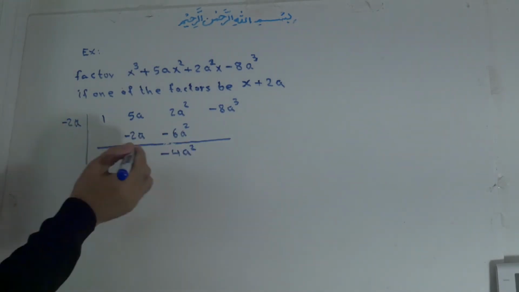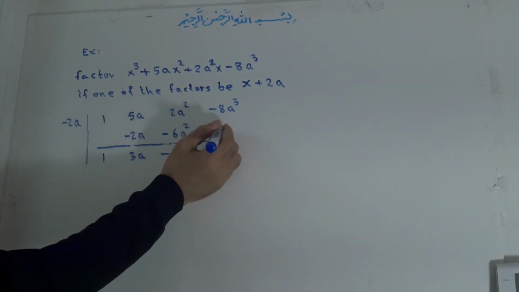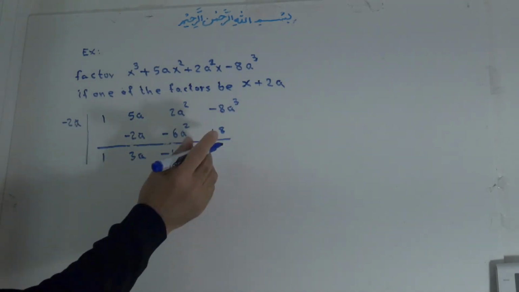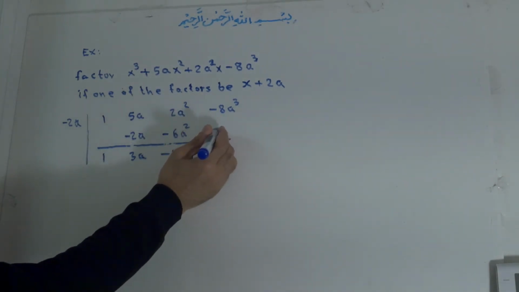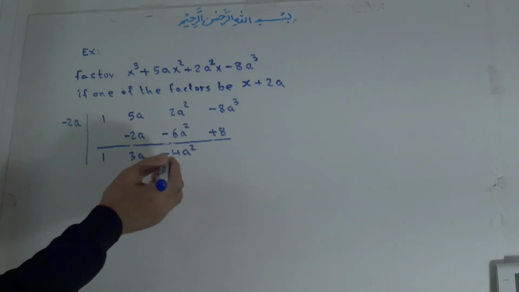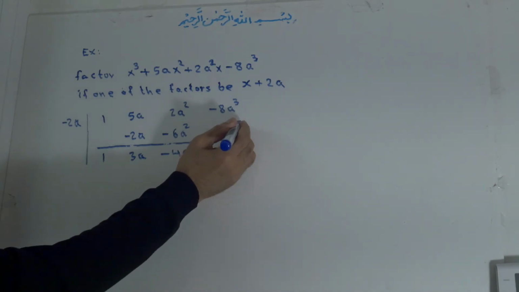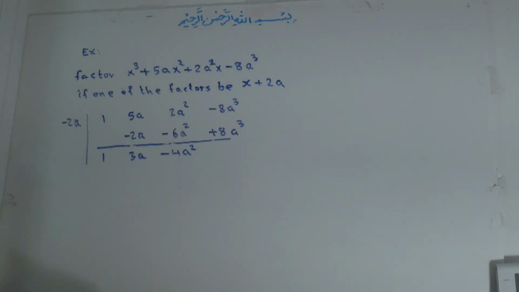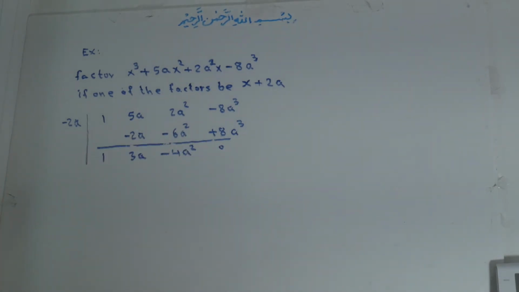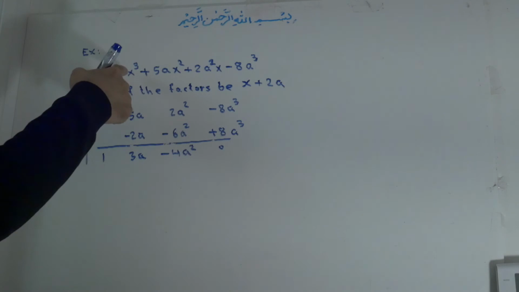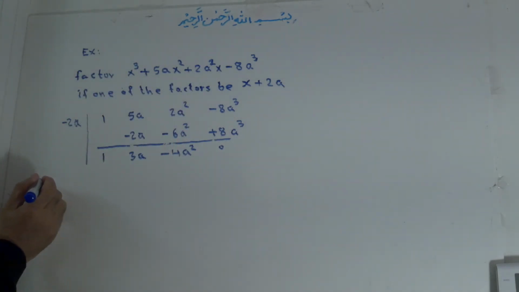Now negative times negative is positive, 4 times 2 is 8, and 8a times a to the power of 2 is 8a to the power of 3. Positive and negative 8a to the power of 3 is 0, nothing. So the power of the first is 3, so 3 minus 2 is 1.